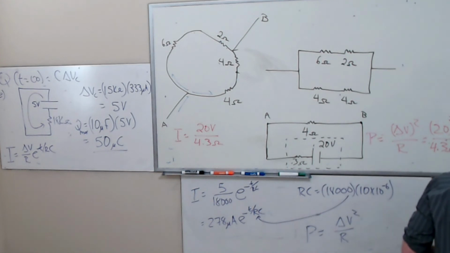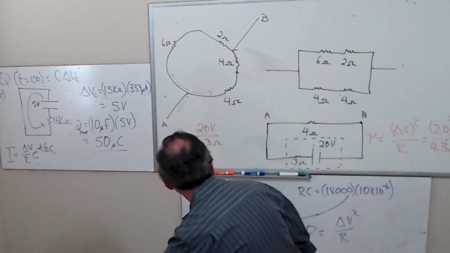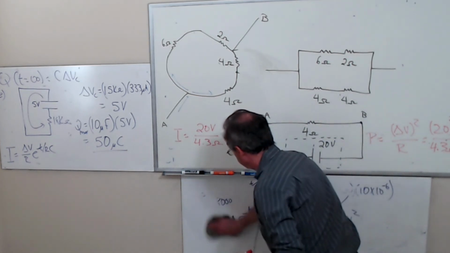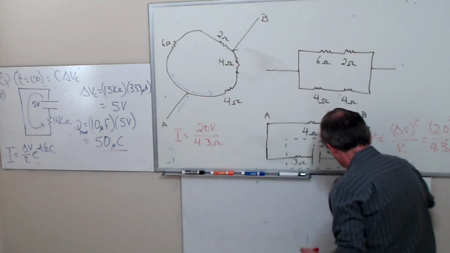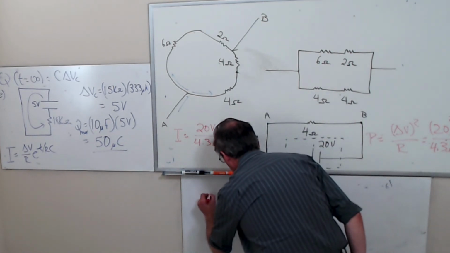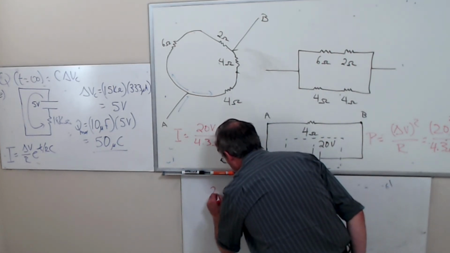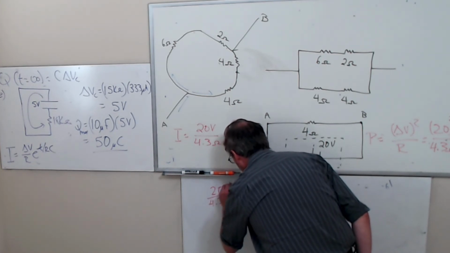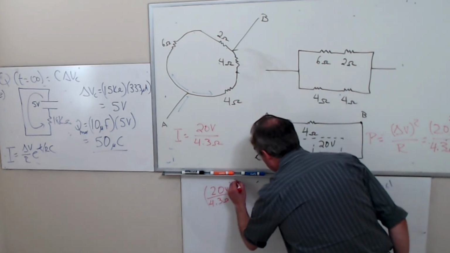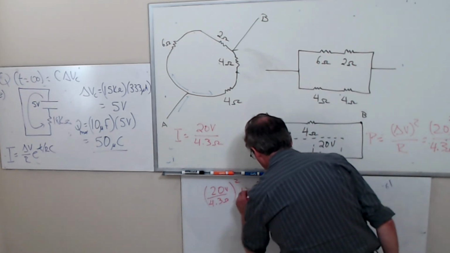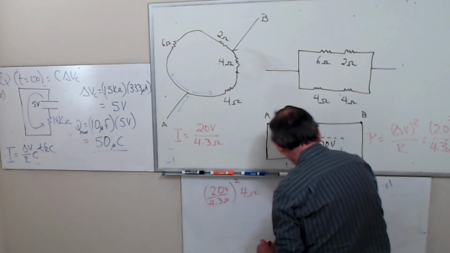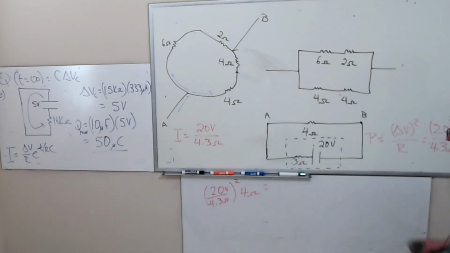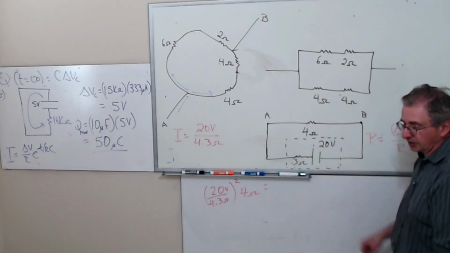Then, if I want the power dissipated by this one, I take that current, square it, and multiply by this resistance. So that's probably what they're asking for, not the whole circuit.